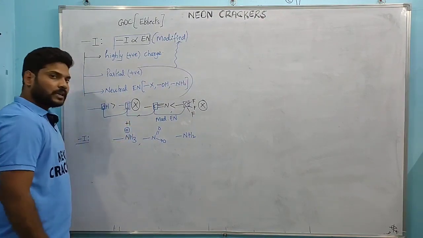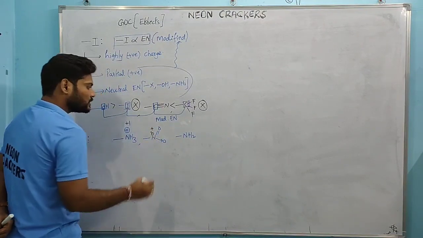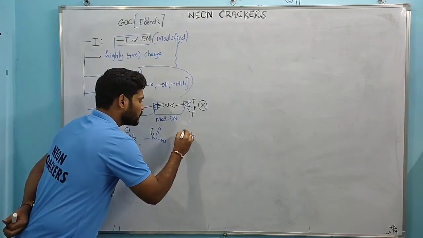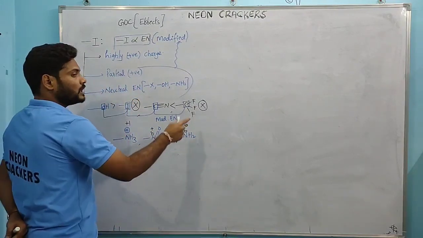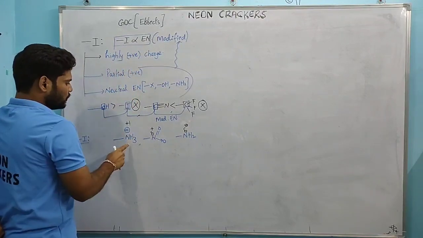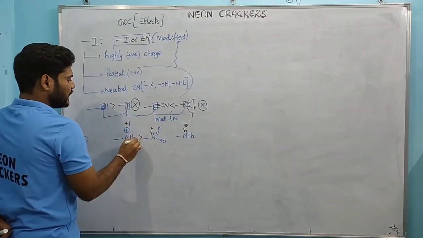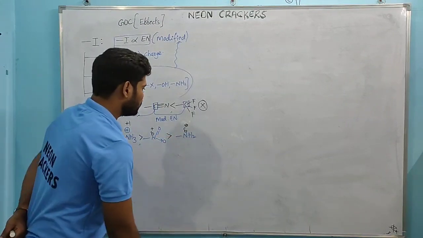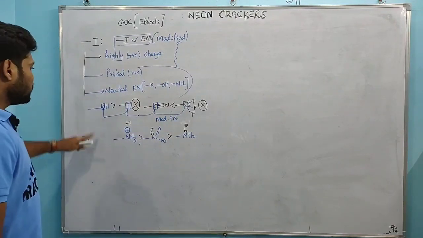Next, nitrogen has partial positive charge. Third has partial negative charge because N is more electronegative than hydrogen. Minus I is directly proportional to electronegativity, so NH3 plus is greater than NO2, which is greater than NH2. This is the order of minus I effect.